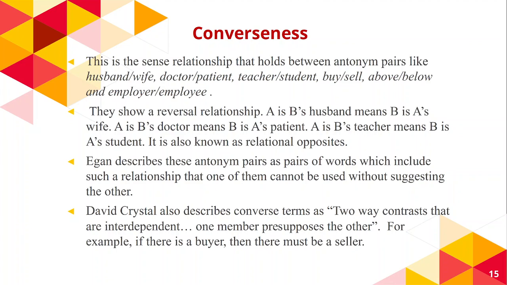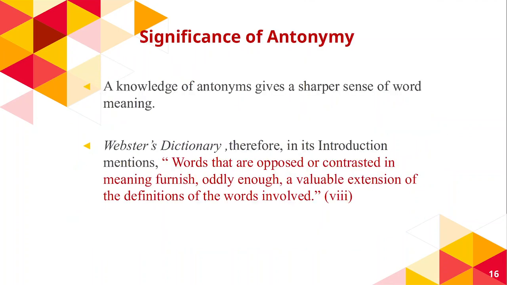One member presupposes the other. Husband presupposes wife, wife presupposes husband. Or in a way, if there is a buyer, there ought to be a seller. So buy and sell are interdependent.